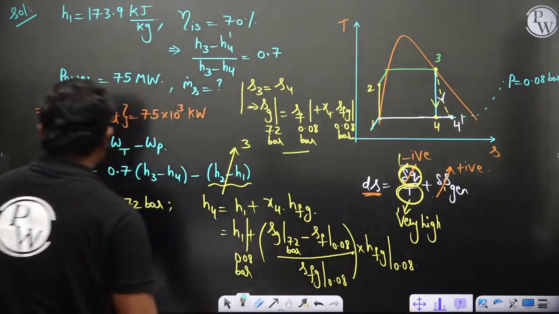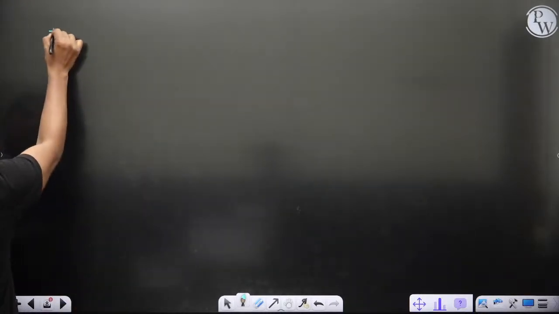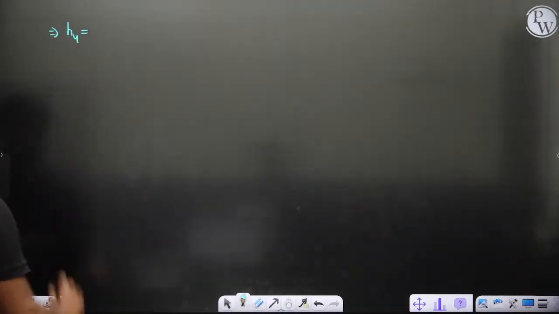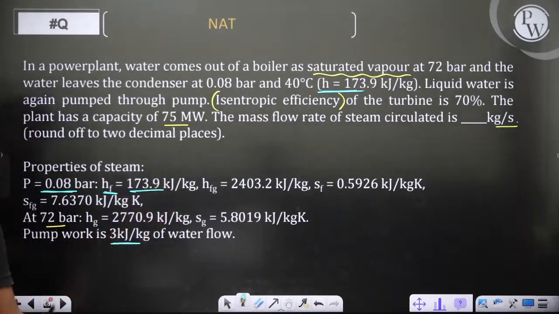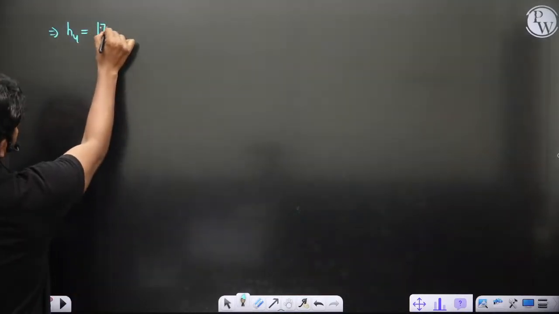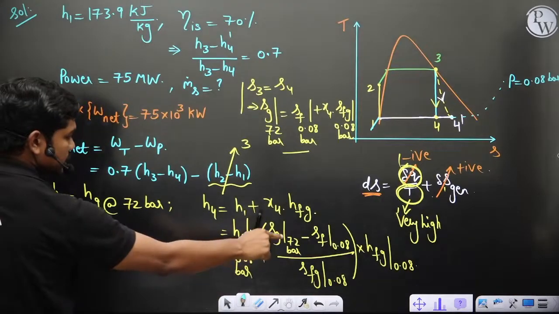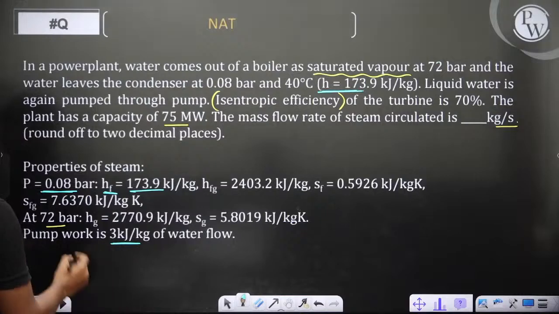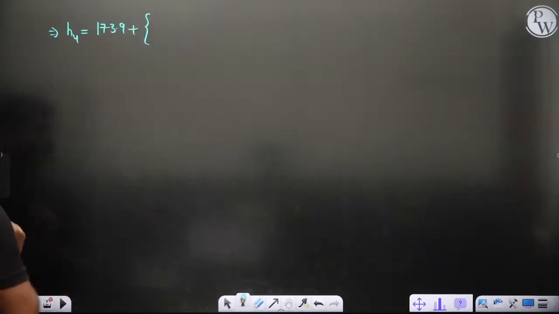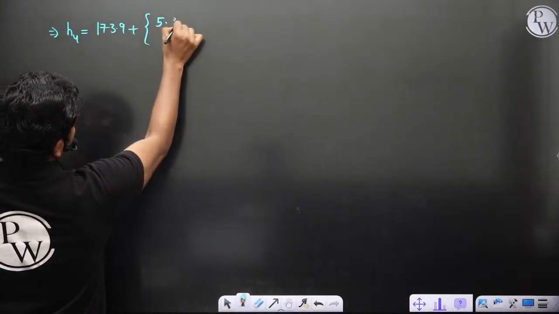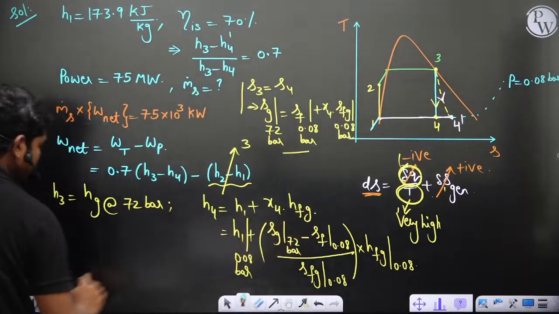Let us do this H4 calculation. So H4 is equal to HF at 0.08, what is HF? 173.9. 173.9 plus, now SG at 72. At 72 bar, SG is 5.8019, minus SF at 0.08.